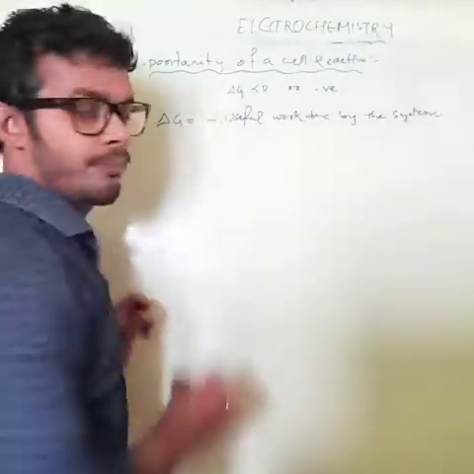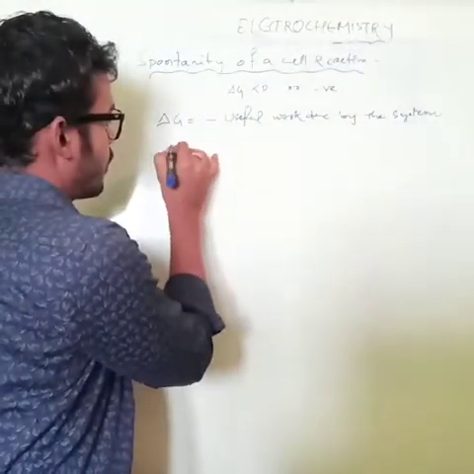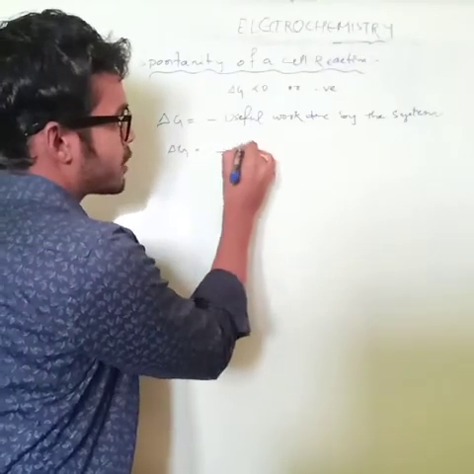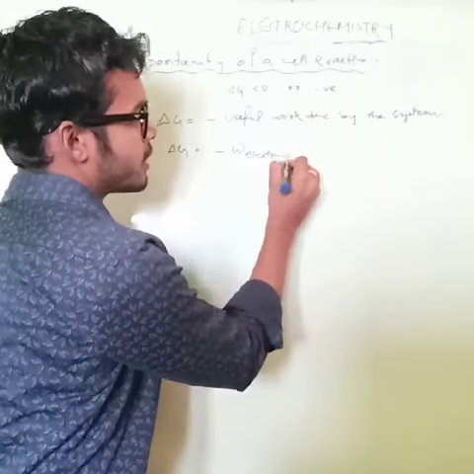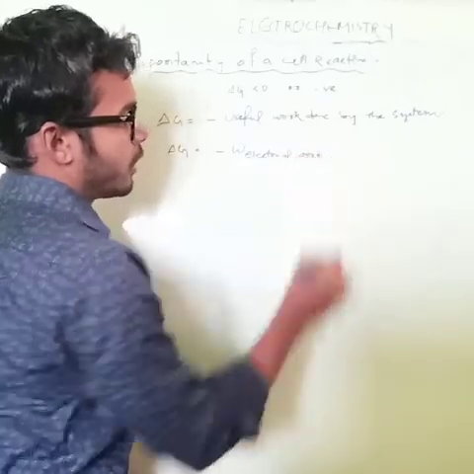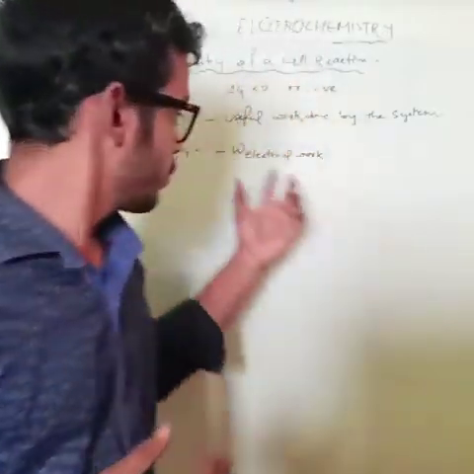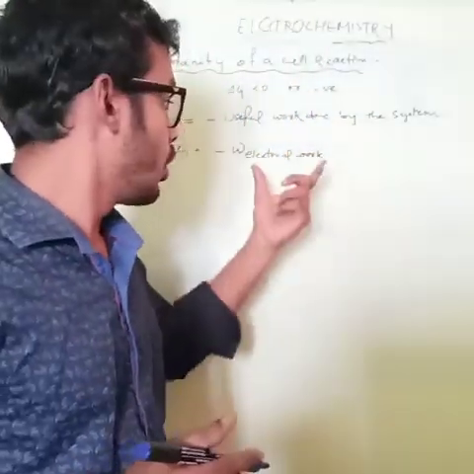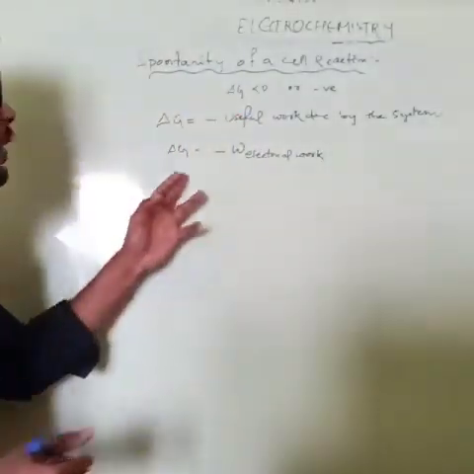That is del G. Or you can write del G equals minus W electrical work. As this is electrochemistry, we are working on electrical potentials. So electrical work, and remember all the electrical work is useful work all the time. So del G will be the electrical work.